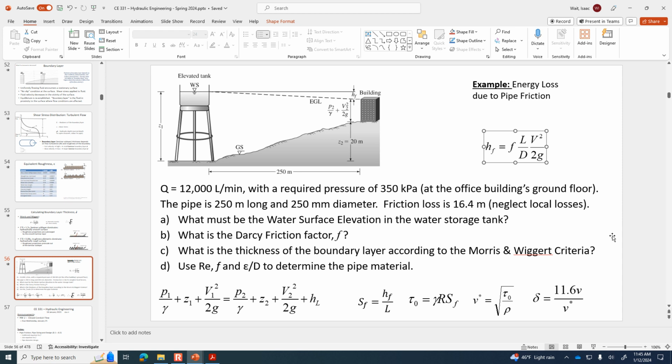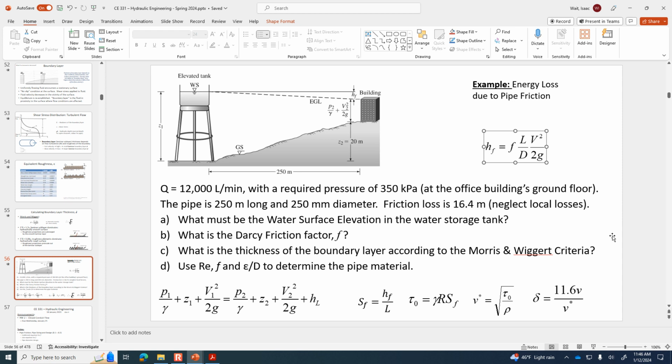So 16.4 meters times 0.25 meters, the diameter of the pipe, times 2g, divided by the length of the pipe, 250 meters, and the velocity, 4.074 meters per second. And we have to square that.